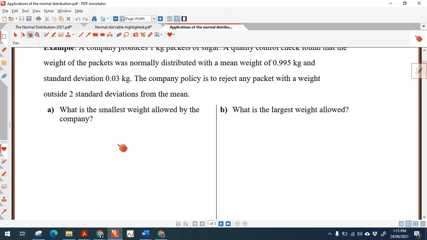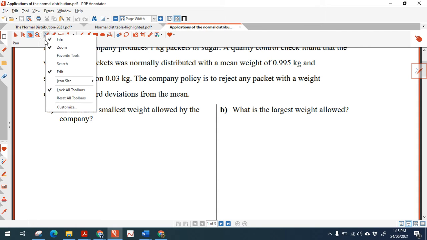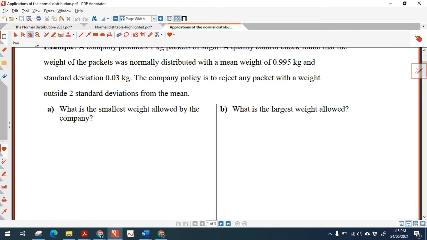Okay, so you don't need a diagram for this, but I'm going to draw one anyway because it's always good to have a picture of what's happening. Okay, so let's just click on the pen tool. All right, so here's a little sketch of the normal distribution.